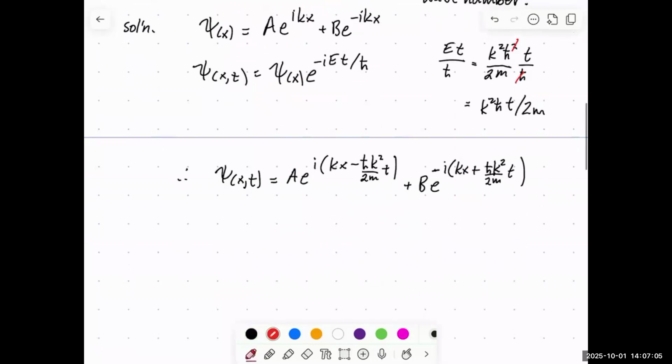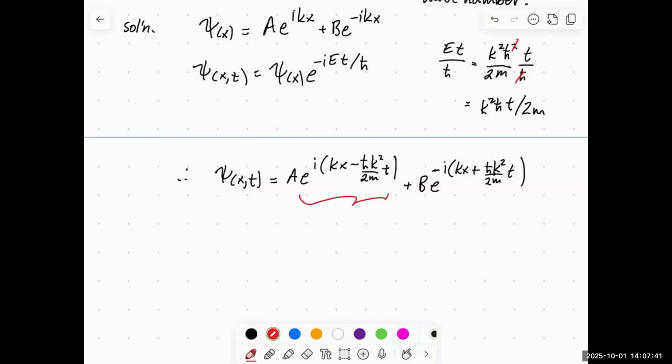The interpretation of these is that this first term represents a wave that's traveling along positive x. The way you can think of it is we know these are just like oscillations. It's like sine, cos plus i times sine. So if I allow time to evolve further, my argument's getting more negative. So to offset that, I have to let x grow if I want to keep my point fixed. And letting x grow corresponds to propagating along positive x.